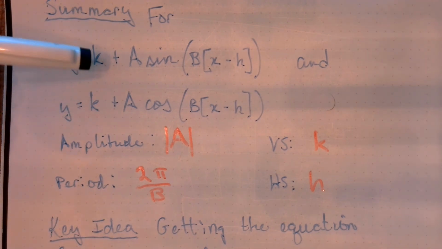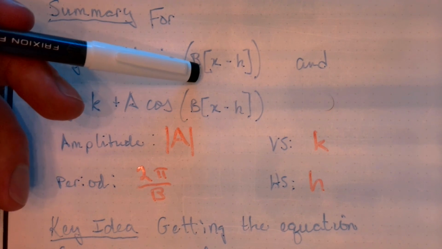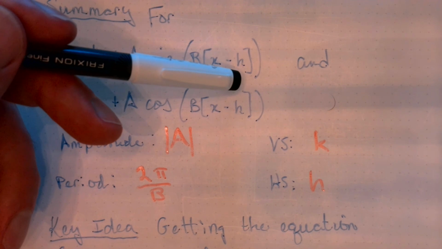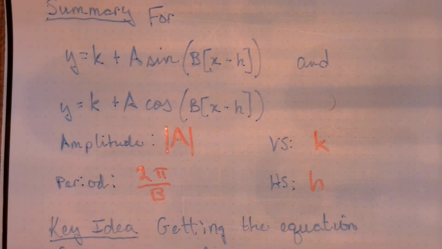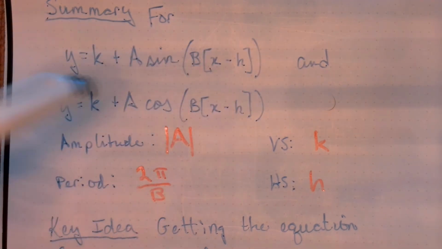From the graph, you can tell the vertical shift and amplitude. You can figure out B because the graph will tell you the period. And then you can figure out where the cycle starts, which will tell you if there is a horizontal shift. So you can get all that information from the picture and plug it into this scheme to get the formula. So we can work these problems both ways.